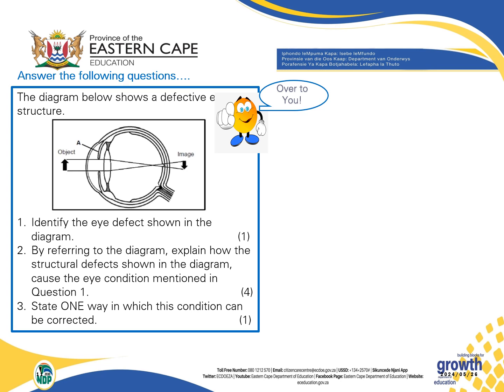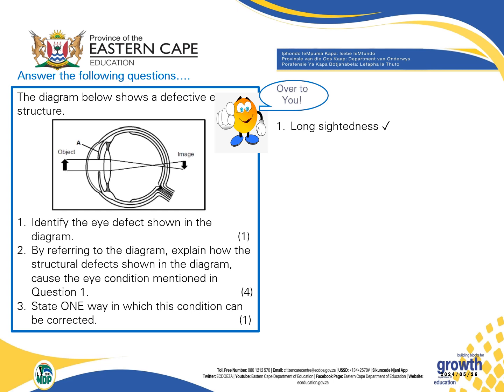Now that means that the light is not being bent enough. And that means that images that are nearby or close by, like this object, cannot be seen clearly. So if we cannot see a close object, but we will be able to see a faraway object, that means that this image is showing us long-sightedness.